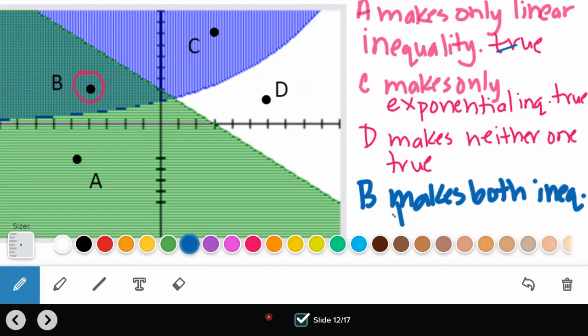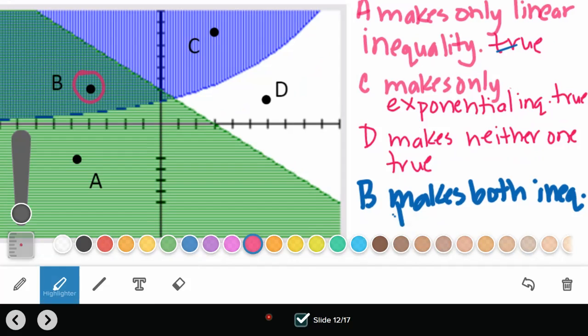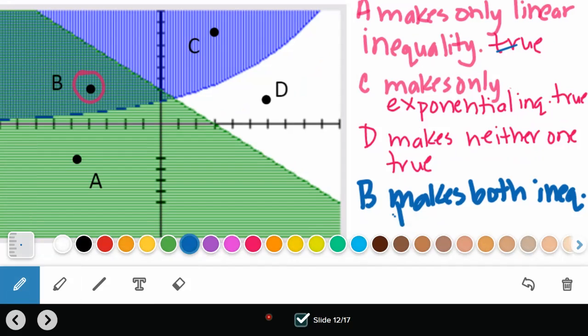Makes both true. Okay, and again, B would be our ultimate solution. Let's see, next one.